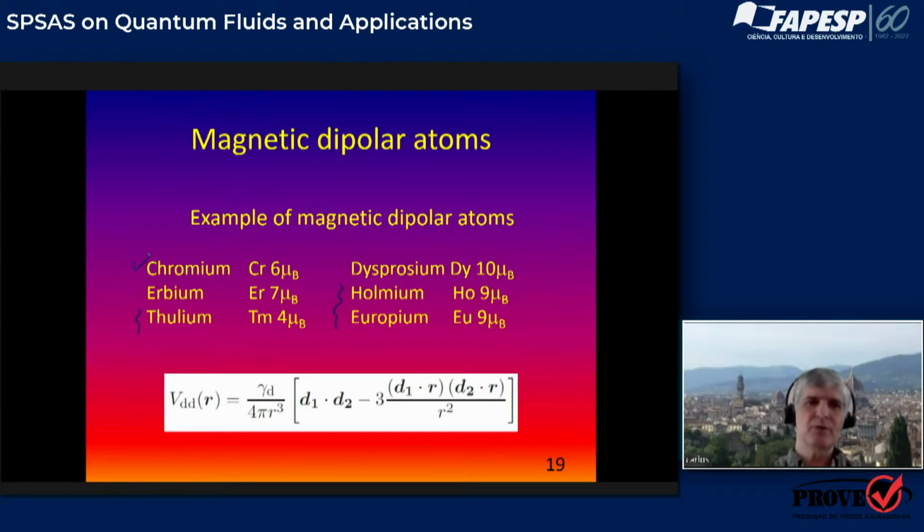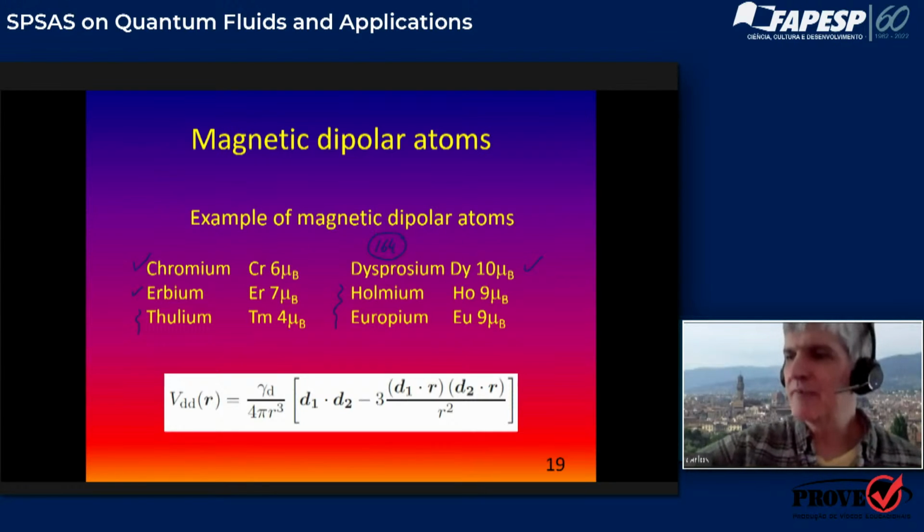Chromium has been explored already. Dysprosium was deemed to be better. So these 3 have been explored in this literature, and those are yet unexplored. If you're courageous enough to go to completely new systems, you can try those. If not, based on what I know experimentally, dysprosium-164 is the best candidate that we have now.